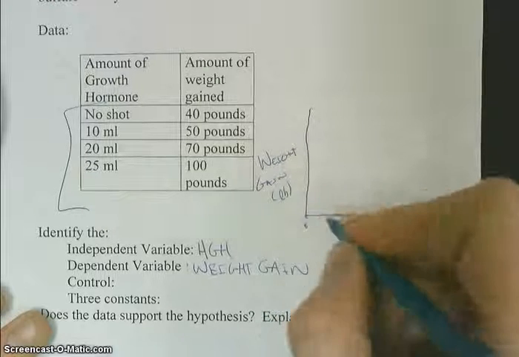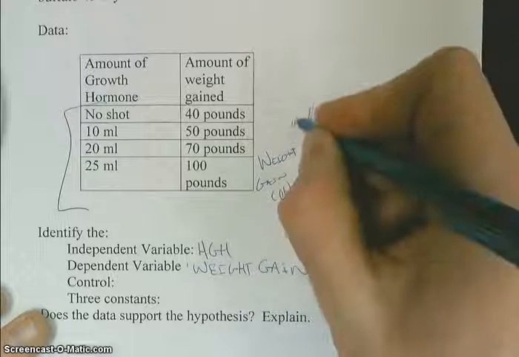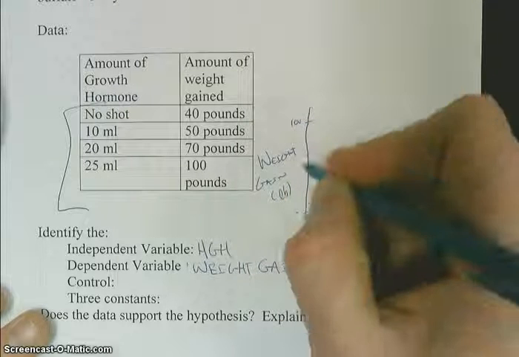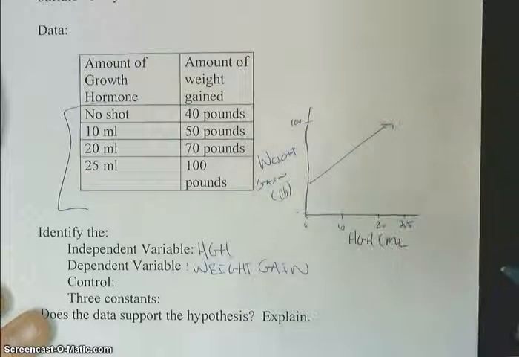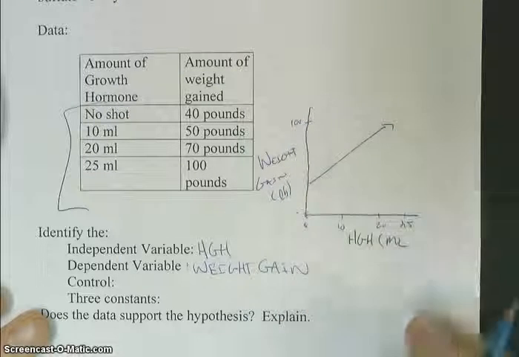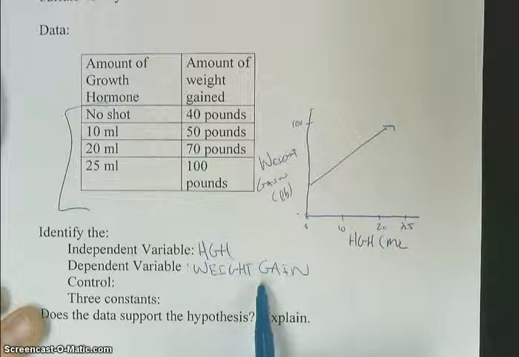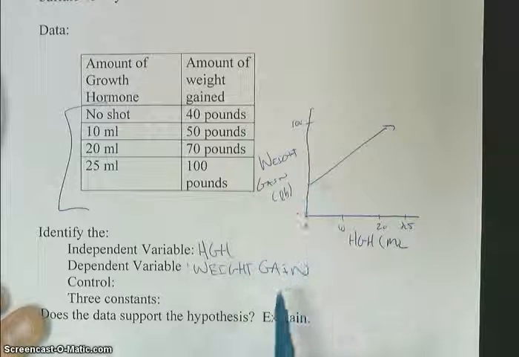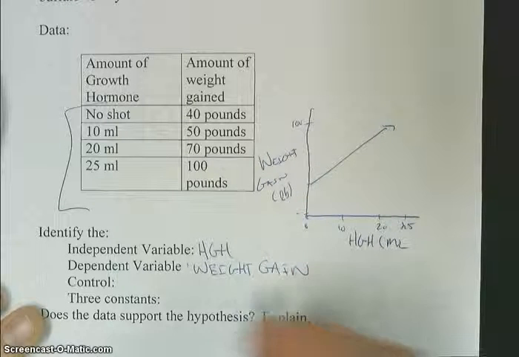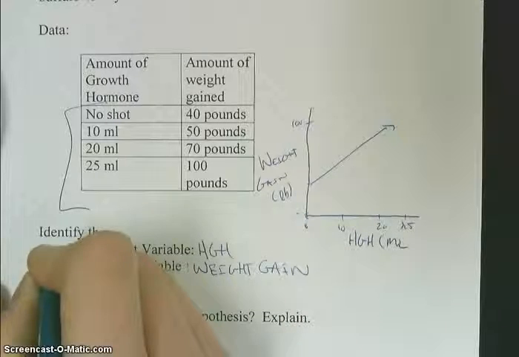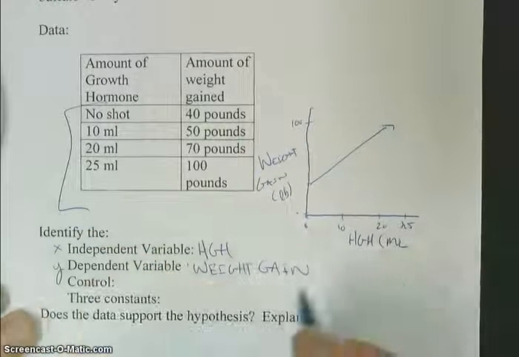And again, it'd be up to 100 pounds here. Here's 0. My graph would look something like that. So weight gain is my dependent variable, that's on the Y. HGH goes on the X because that's my independent variable.